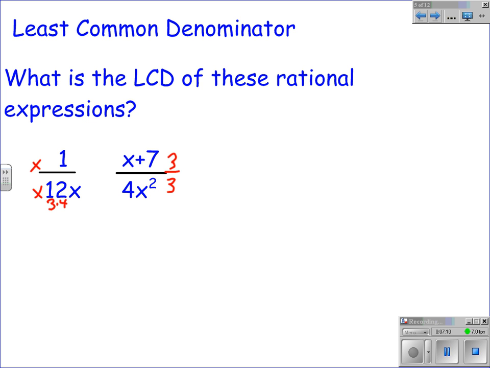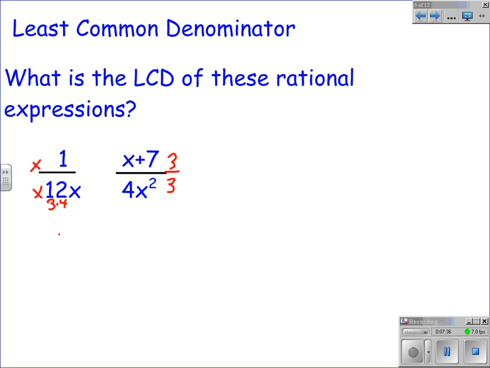If you look at the denominators now, we have 12x squared here and 12x squared on this one. They both have to have all factors that are in common. Okay, in the end, they both have to have all the factors. If they don't have one of the factors that the other denominator has, you must multiply by it on both top and bottom.